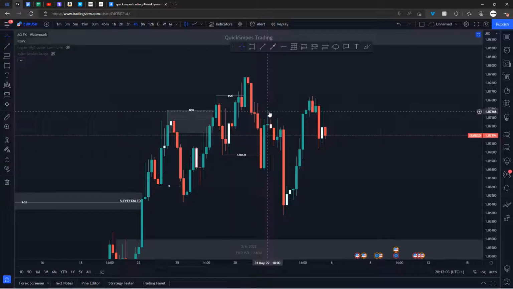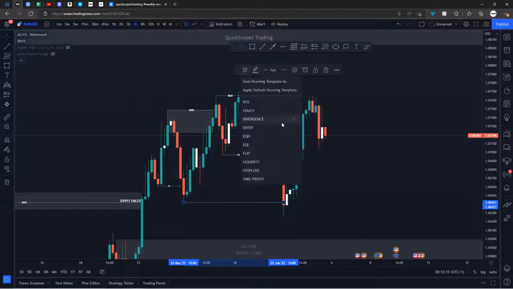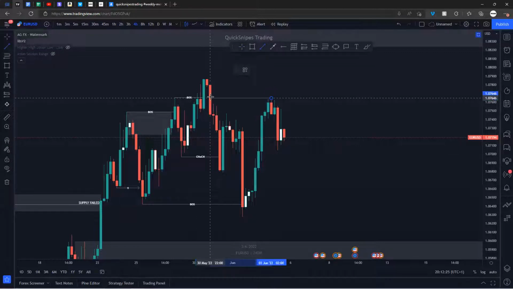It's come up a little bit, probably tested into some orders here and come back down, broken through this leg, but it's also broken through this original liquidity sweep low, which means it's a structural low broken, which now means market momentum has shifted. So that's a break of structure. Coming back up, yes, we can see some sort of change of character over here.